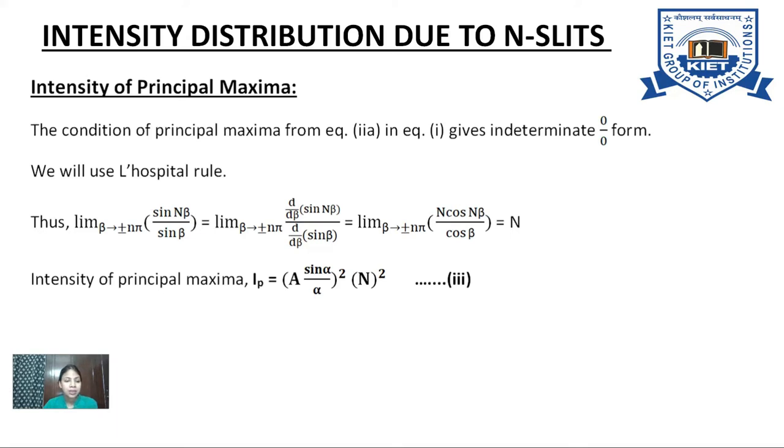So we get the limit as beta tends to plus minus n pi of sin N beta upon sin beta. We differentiate sin N beta, the numerator, with respect to beta, and we differentiate the denominator sin beta with respect to beta. After differentiating, we get N cos N beta upon cos beta, and now we put the limit, that is beta tends to plus minus n pi. Now if you put this limit, you get N. So the intensity of principal maxima becomes (A sin alpha upon alpha) square times capital N square, and this is equation number 3 for us.